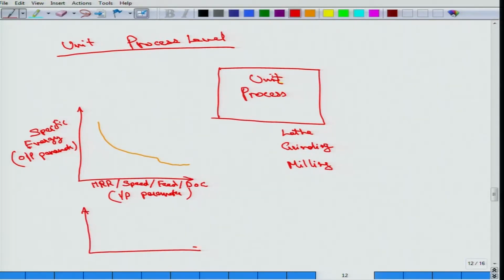For quality parameter I could even say tool wear, or it can be surface finish, and here also we can have the same kind of input parameters.